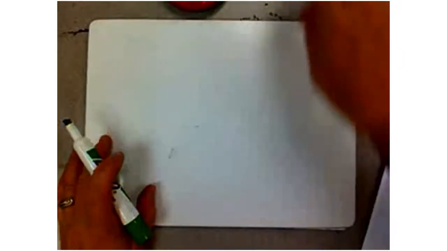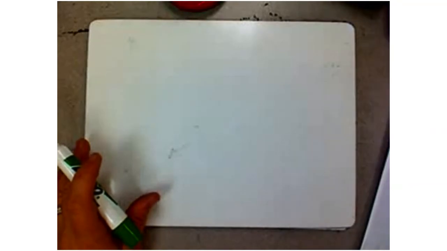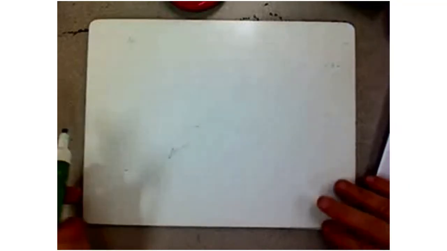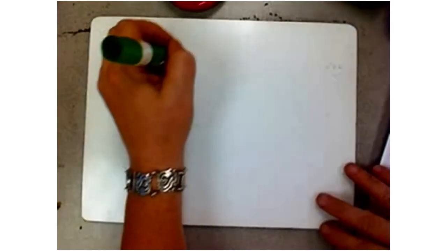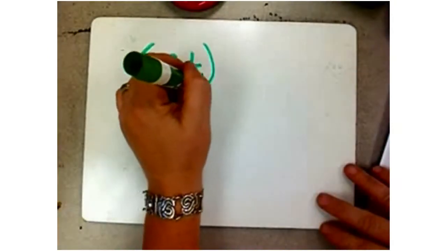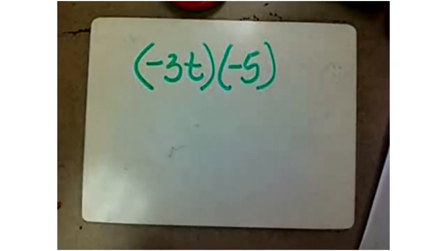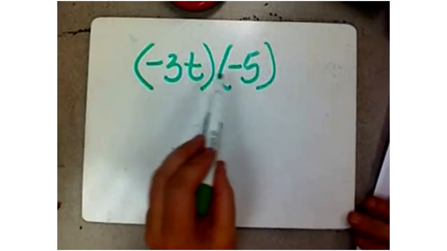Not too bad. And then we move on to example 2 on page 188, and we pull some negatives into it. We have (negative 3t)(negative 5). That just means negative 3t times negative 5.